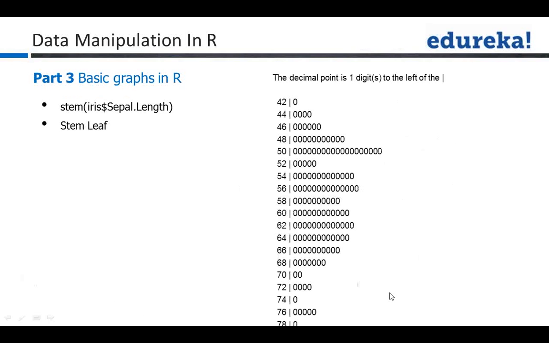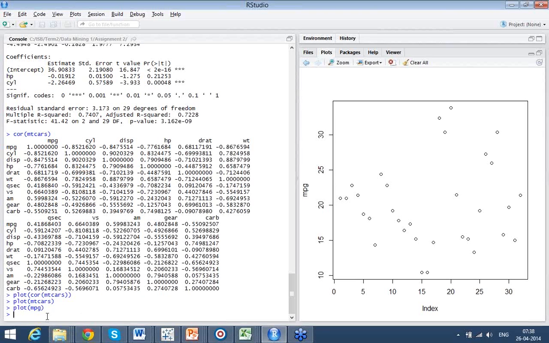Okay. What is a stem and leaf plot? It's a kind of binning. Let's say I have a vector.